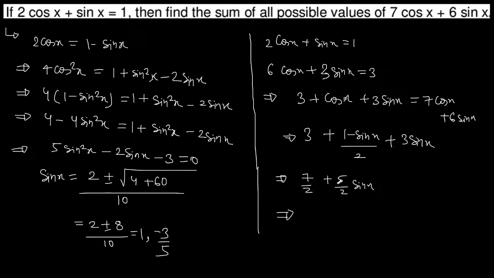One is 1; when it is 1, the value will come out to be 6. When it is minus 3 by 5, it will come out to be 2. So we have two values possible, and the sum of all values, x1 plus x2, is 8.